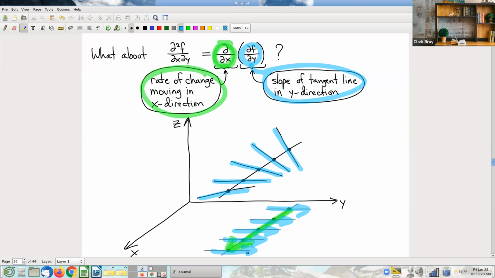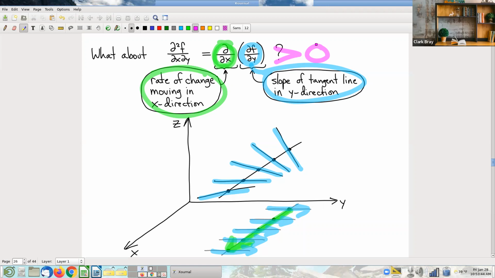So what we've done here is we've made a connection between the algebra of this mixed second partial and the geometry of this picture. And so here, I'm going to say that is positive because those blue slopes are increasing as I move in the green direction. That makes sense to everybody?